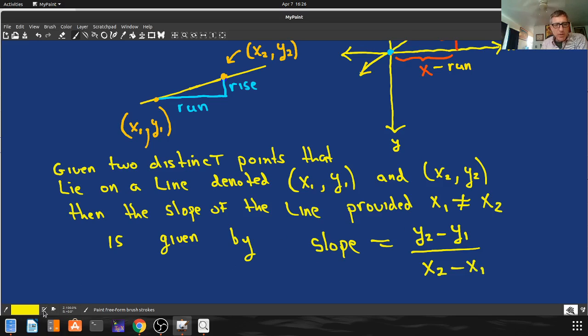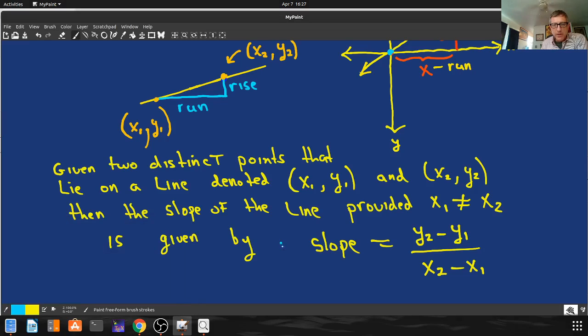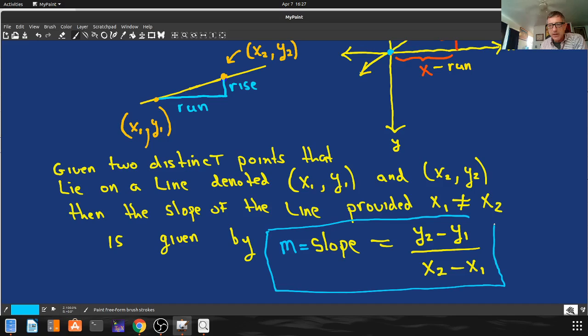And the slope is often denoted by a specific variable, and that variable is m. Usually when we're talking about linear equations and we see the variable m, it denotes the slope. So this is the formula, and you will need to know this formula. We'll be using it quite a bit, and you'll see it again and again and again.